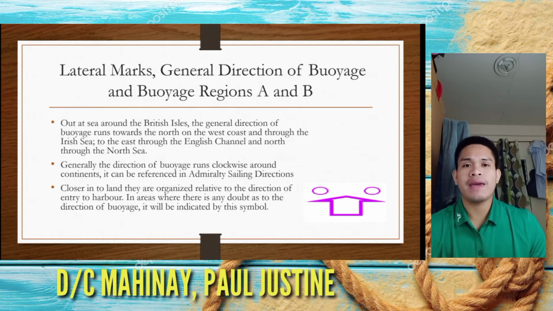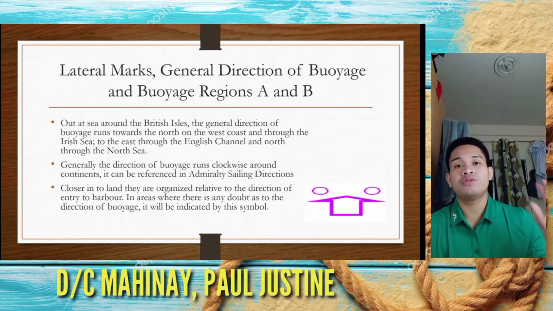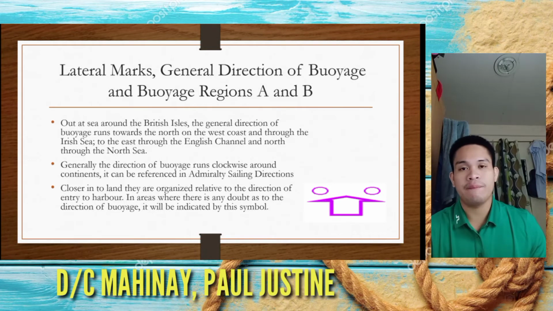Around the British Isles, the general direction of buoyage runs north along the west coast through the Irish Sea, from west to east through the English Channel, and north through the North Sea.